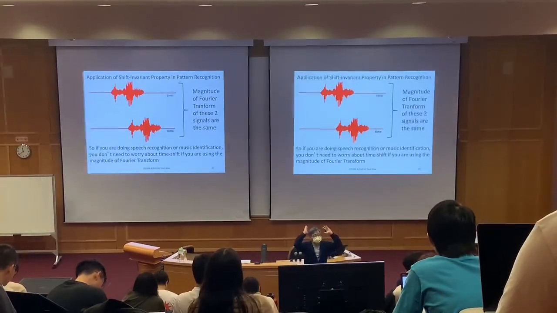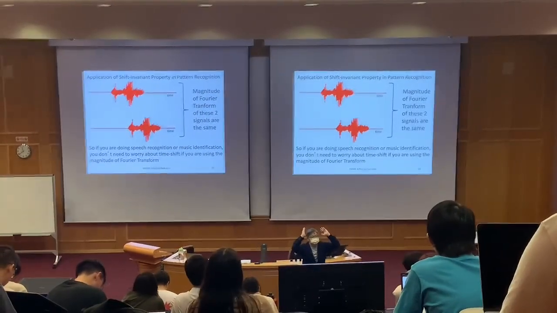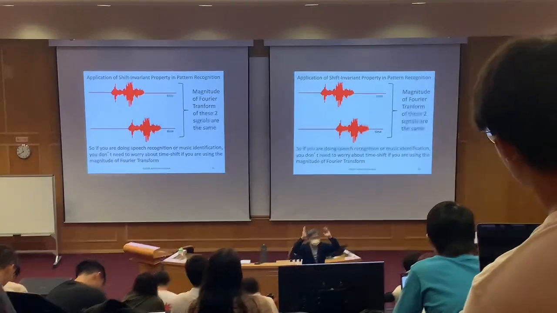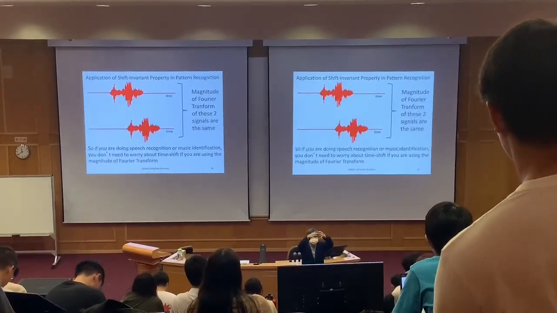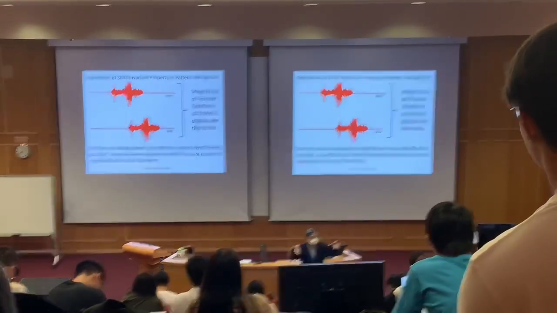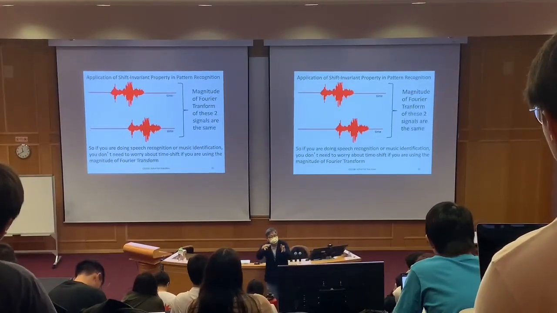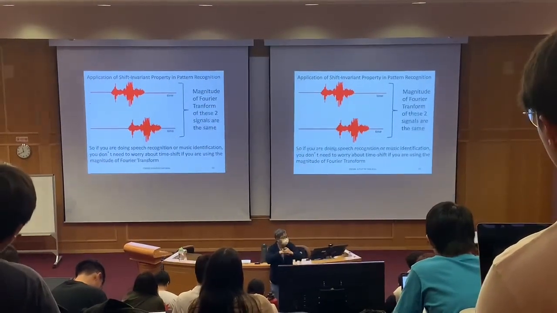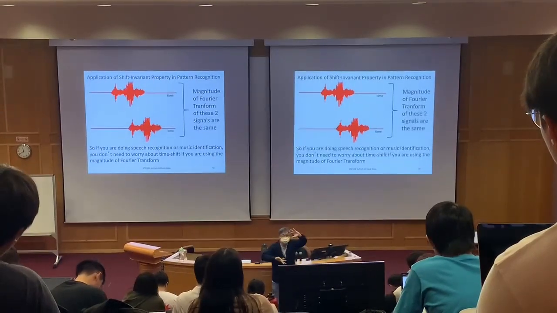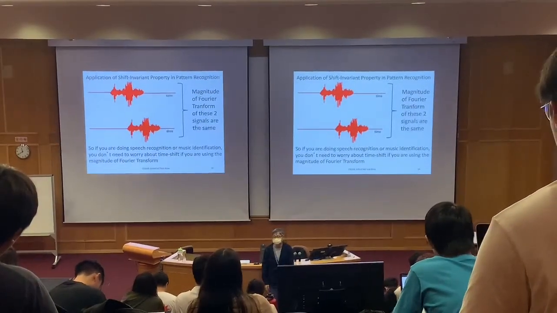The shift invariant property is useful because if the signal I collect starts from here, 'may the force be with you,' and then zero, or if your signal is zero and then 'may the force be with you,' I still can compare them, because the magnitudes of the Fourier transform for these two signals are the same.